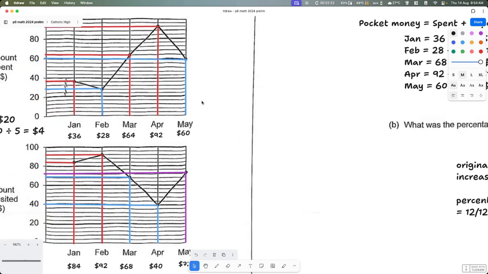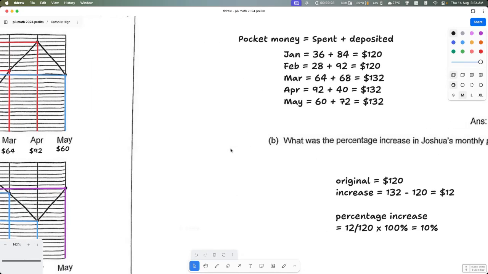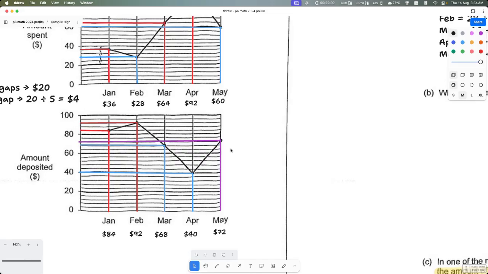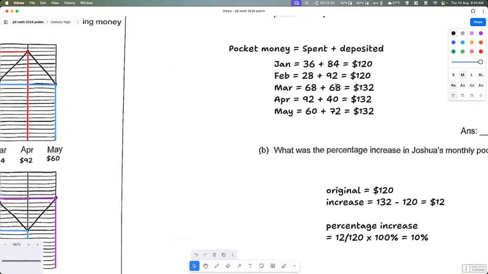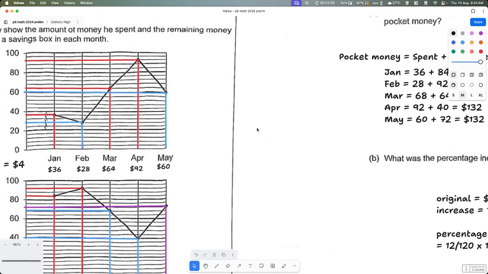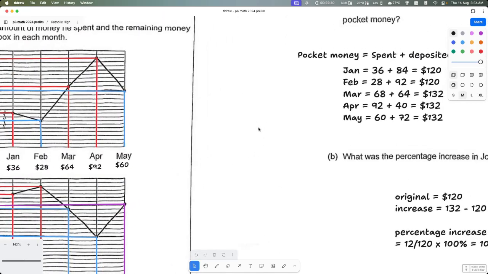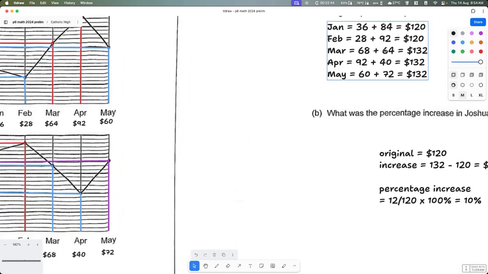Wait, let me double check. So this should be 64 and 68. So it is correct. 68 and 64. Let me double confirm: spent, save. Spent, save. Spent, save. So 64 and 68.